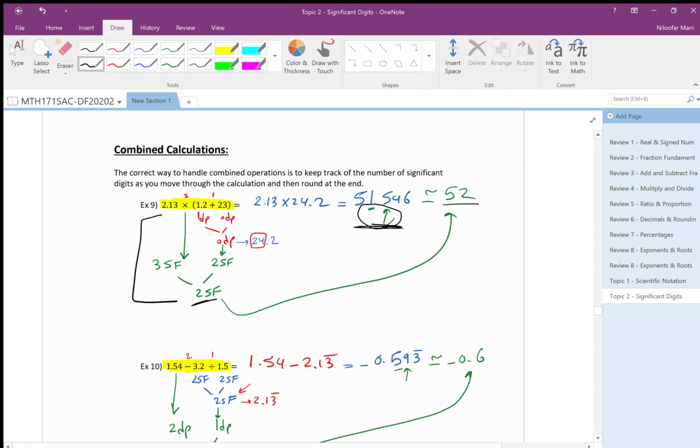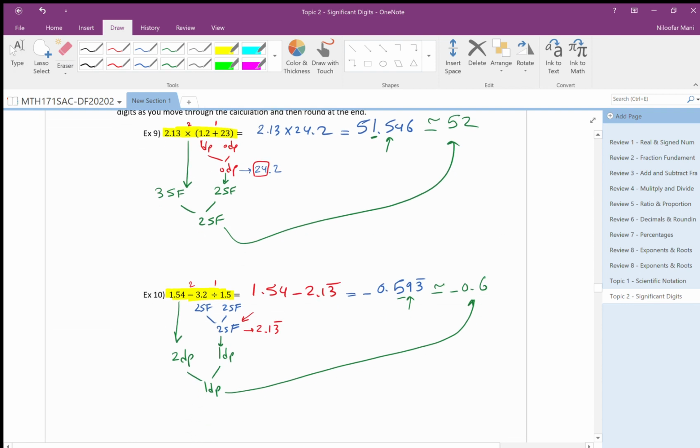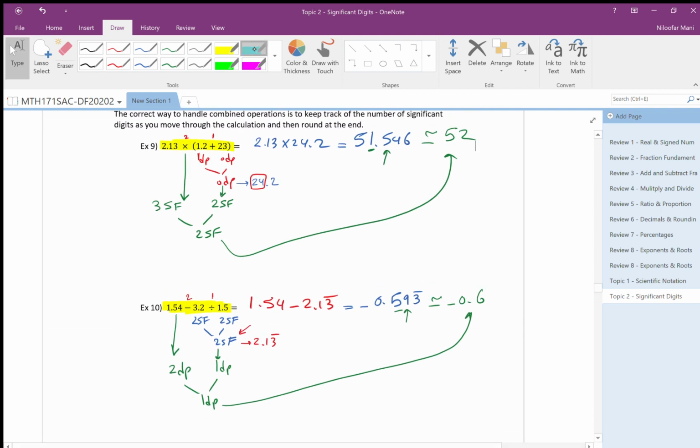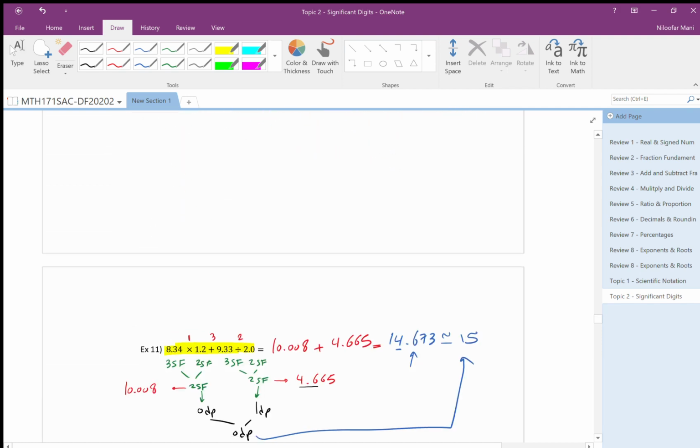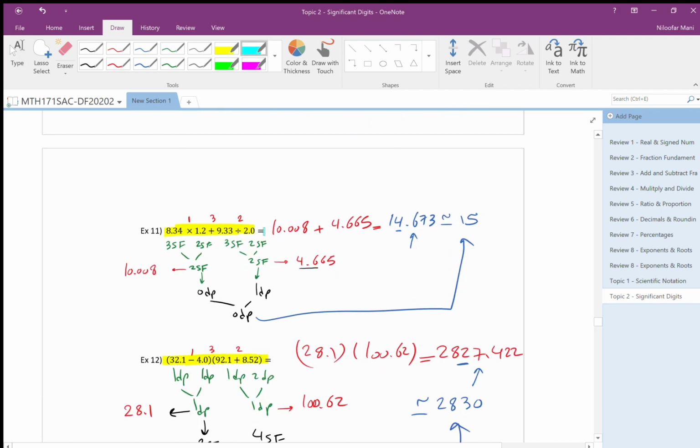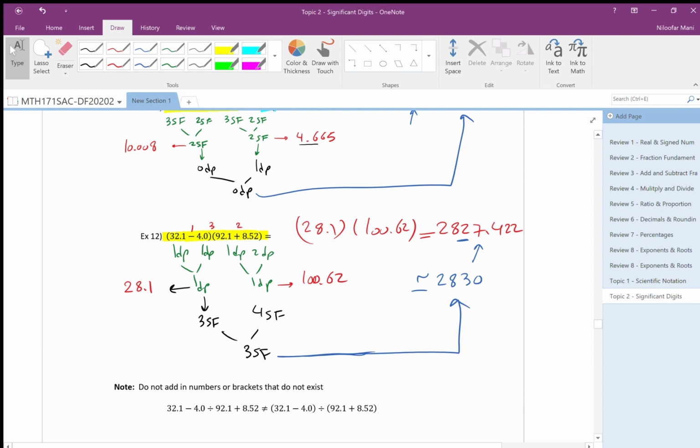These are things that I want to see. I do not want you to show me this part. I don't want to see the blue part. I really don't need it. I just wanted to show you this is what your calculator does. But enter all the numbers in the calculator, and then at the end just show the answer.